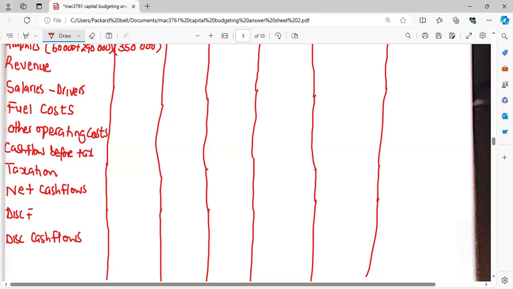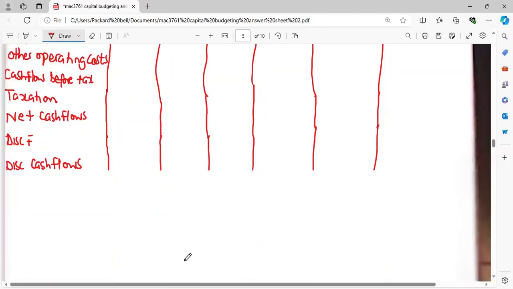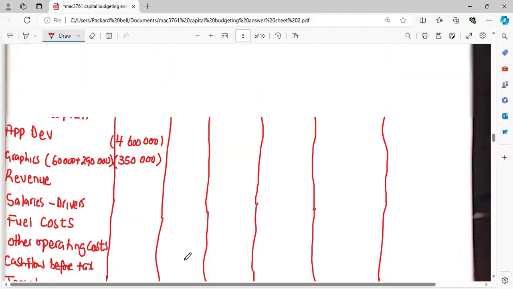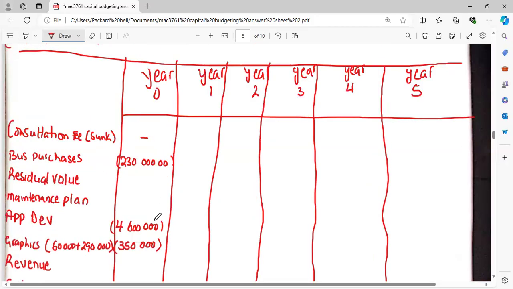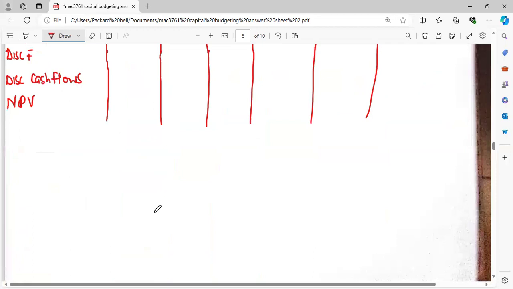After your discounted cash flow, then you need your net present value. So you'll be done with the draft. After you are done with this draft, then it's going to be easy for you now to start to fill in the figures. So let's calculate the residual value. So we can now do our calculations.